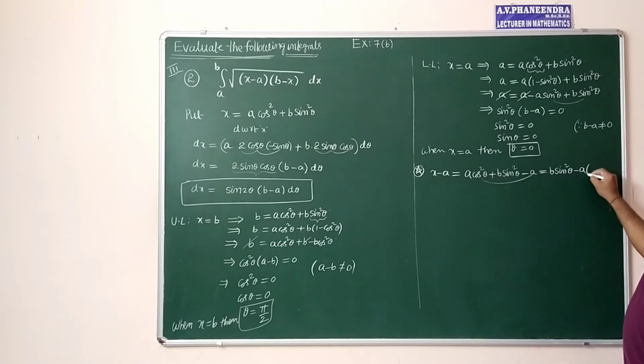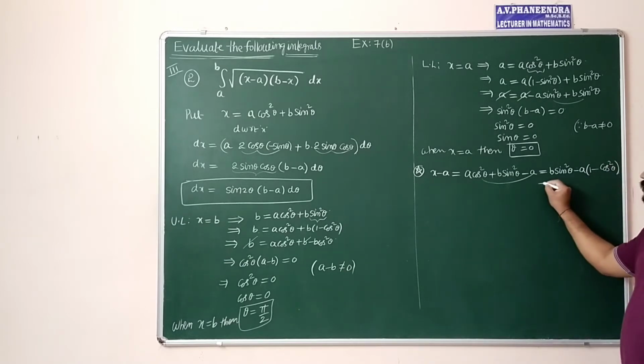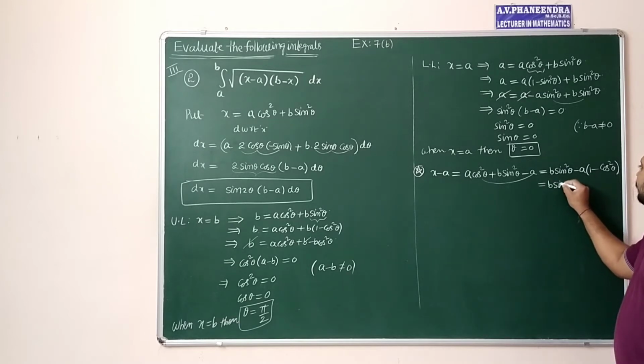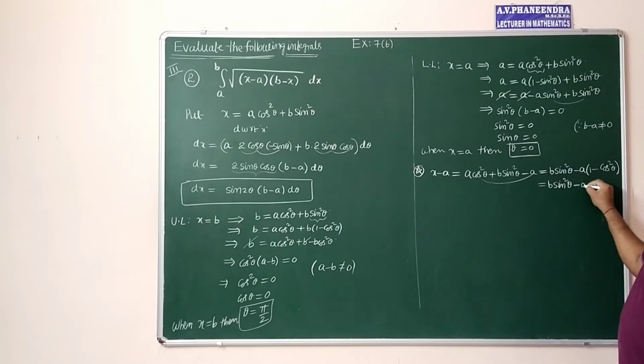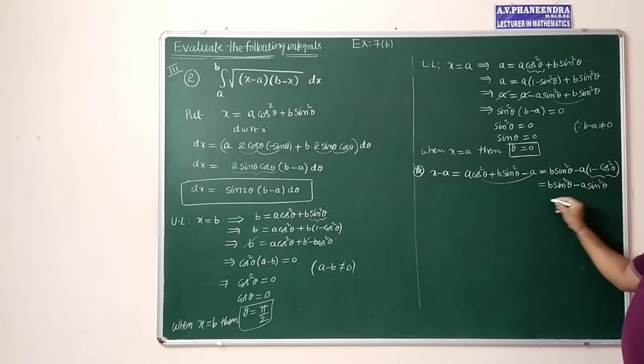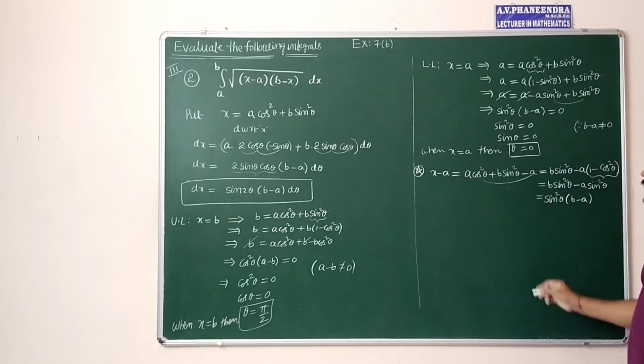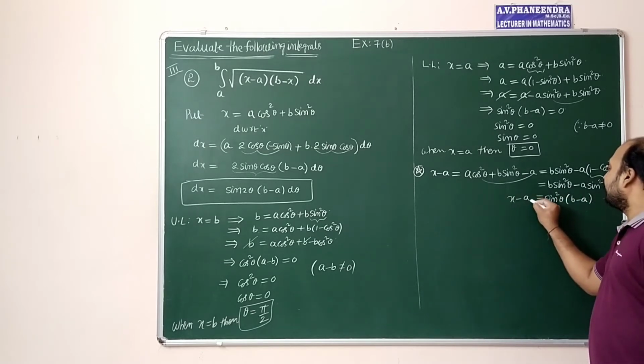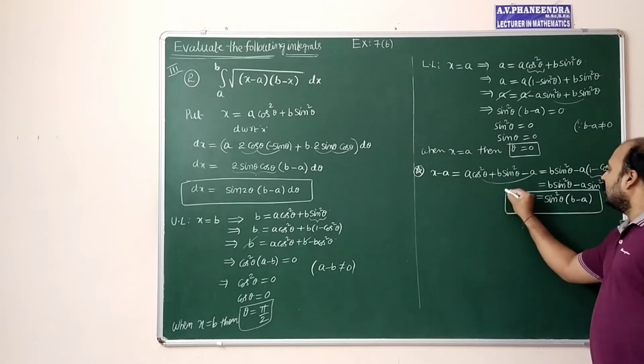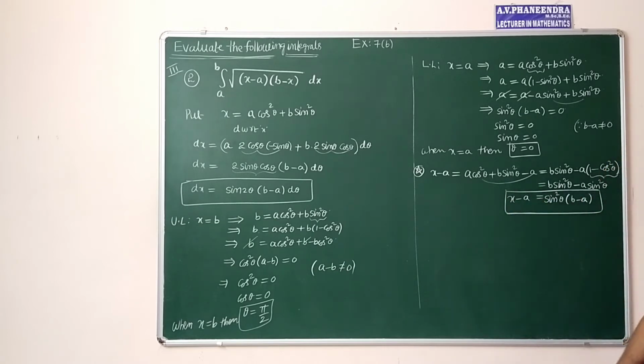So minus a means 1 minus cos²θ, which is equal to b sin²θ minus a into (1 minus cos²θ), which is sin²θ only, no? Therefore sin²θ into (b minus a). This is the value of x minus a. You have to remember these values, dear students.